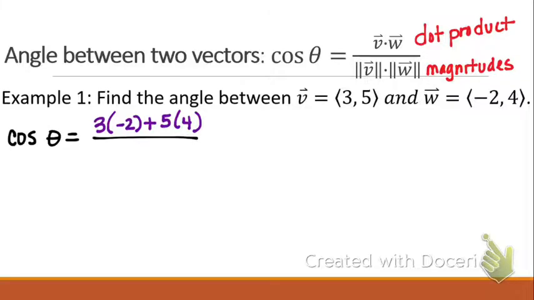And then we're going to find the magnitude. So you do need to know how to find the magnitude. To find the magnitude of vector v, it's the square root of each component squared. So that would be 3 squared plus 5 squared. And then we're multiplying that by the magnitude of vector w, which would be negative 2 squared plus 4 squared.